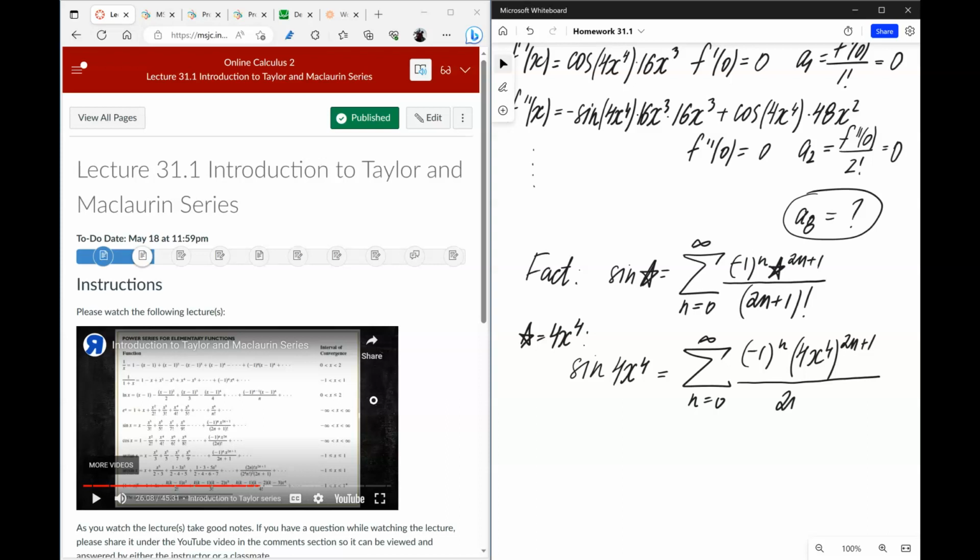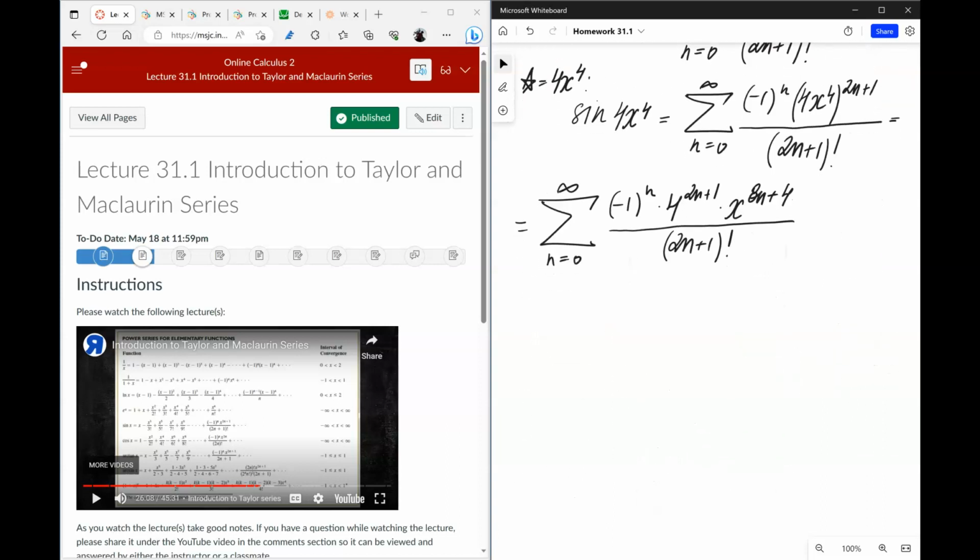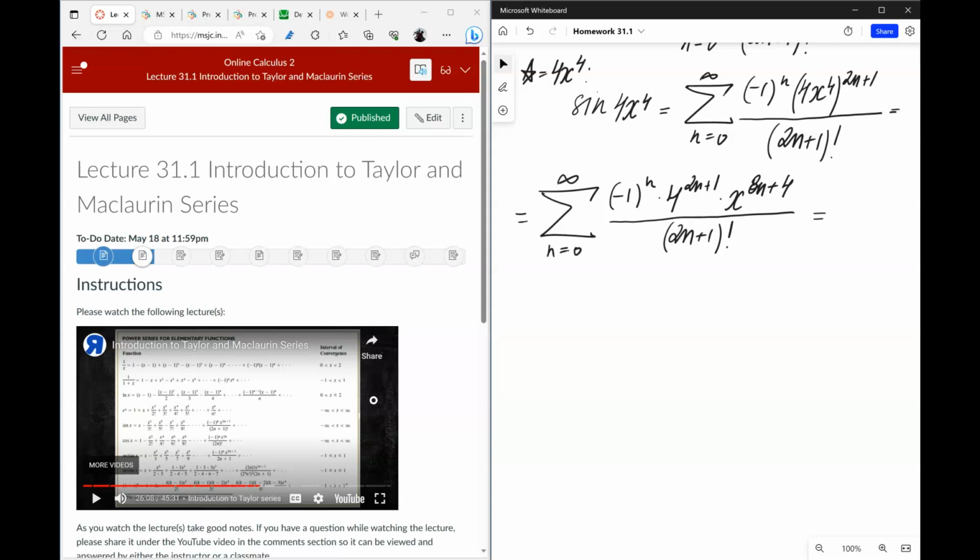Now we can simplify the expression inside of the large sigma, and we have 4 to the power 2n plus 1, x to the power 8n plus 4 divided by 2n plus 1 factorial. This is what the general formula looks like, but we are looking for the first 4 terms.